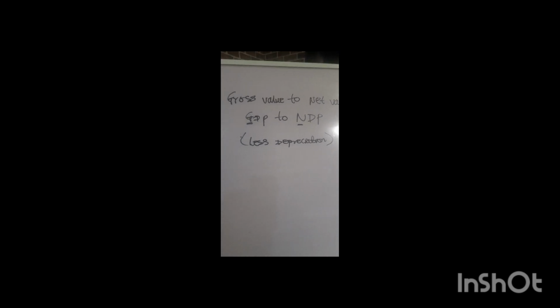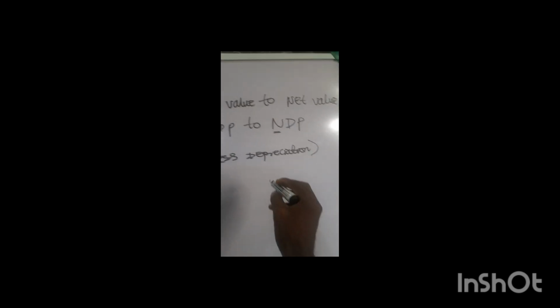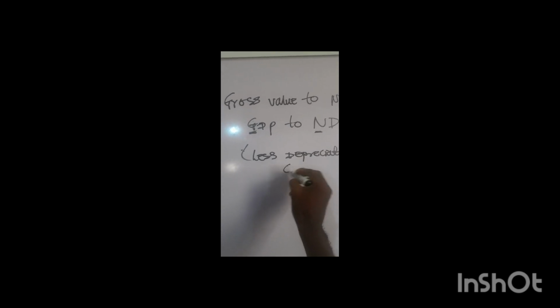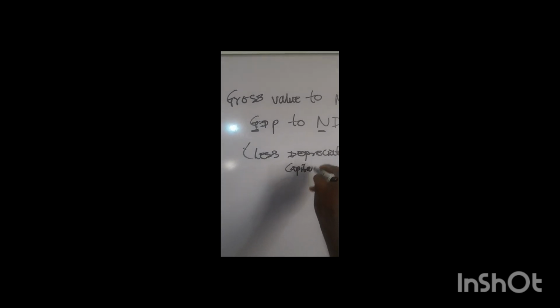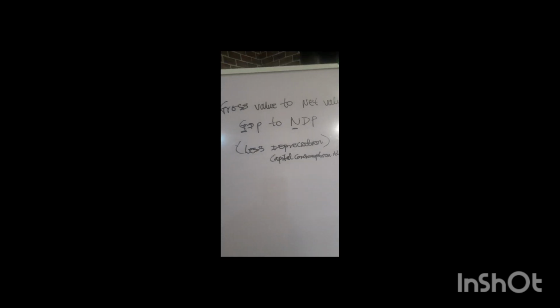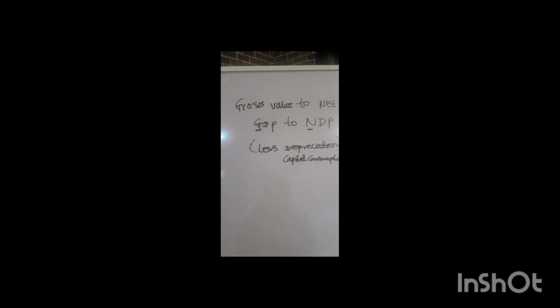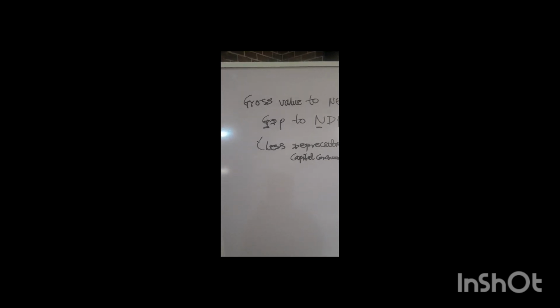Now, apart from depreciation, they can equally call it capital consumption allowance. According to what we have in the question, they can equally call it the consumption of fixed capital.